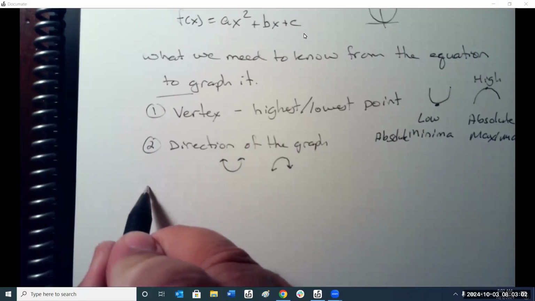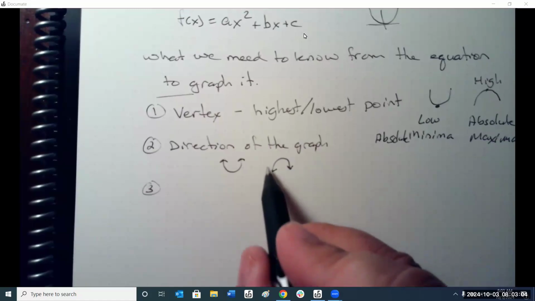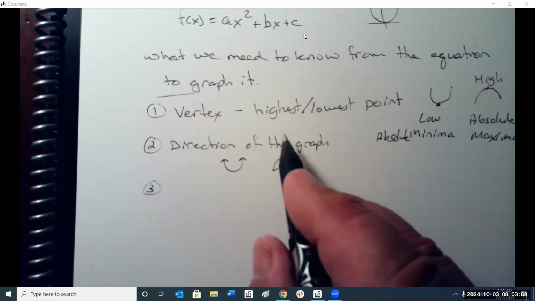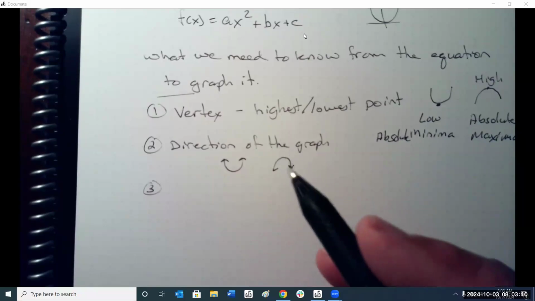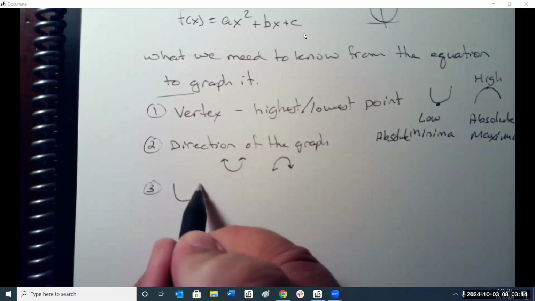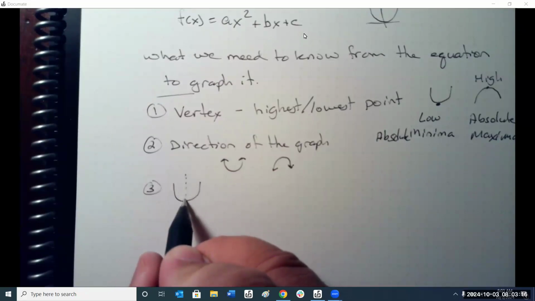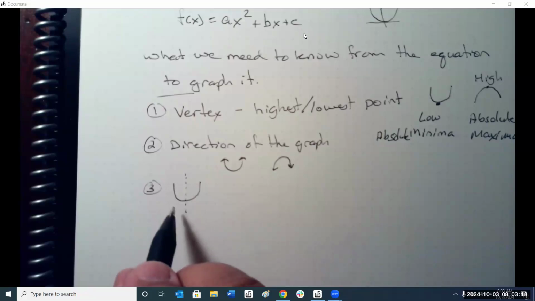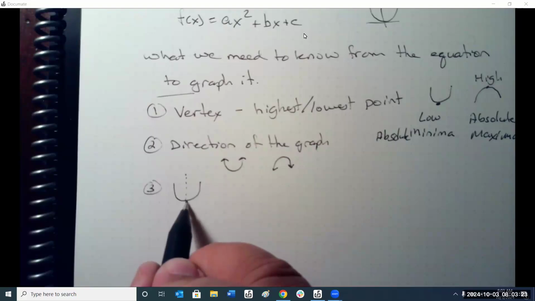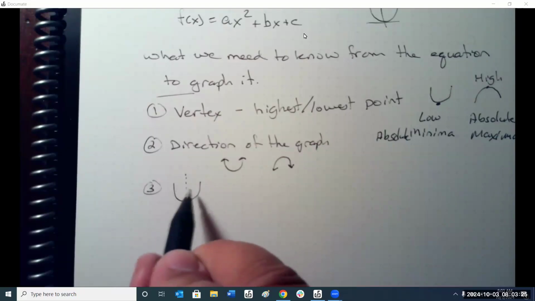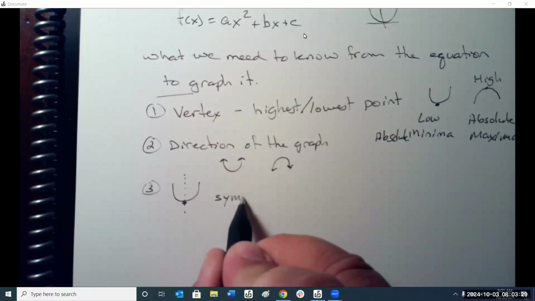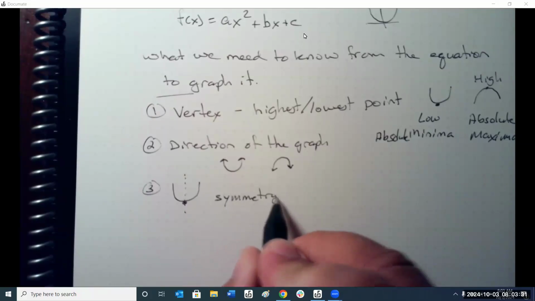Then we have to find something, because as you can see, the quadratic equation, the parabola, is a perfect shape. It's symmetric. When we look at the symmetry of it, if we drew a line down the middle of it to the vertex, when it's equal on both sides, we call that symmetry.